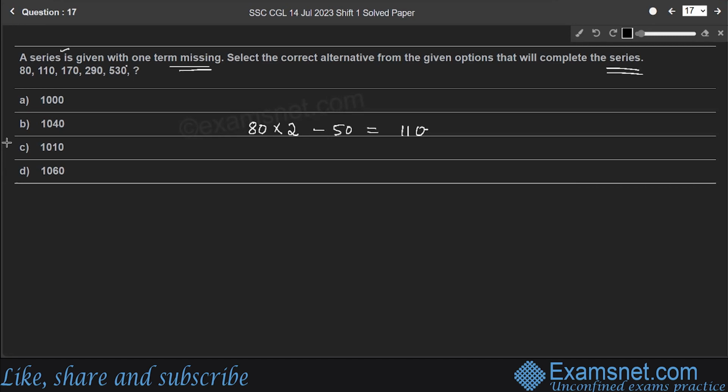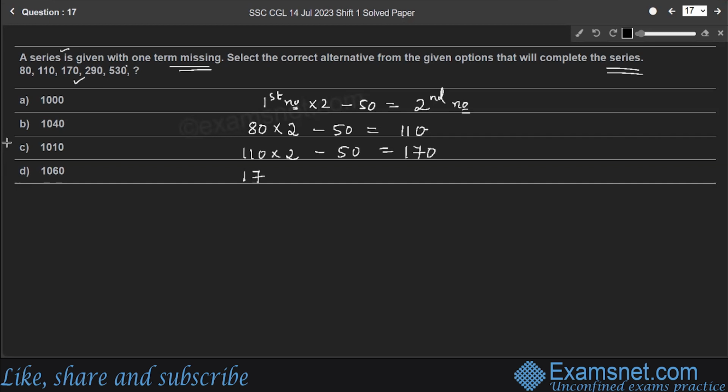Therefore, the logic here is the given number into 2 minus 50 gives the next number. In the same way, the second number, 110 into 2 gives 220, minus 50 gives the third number, which is 170.